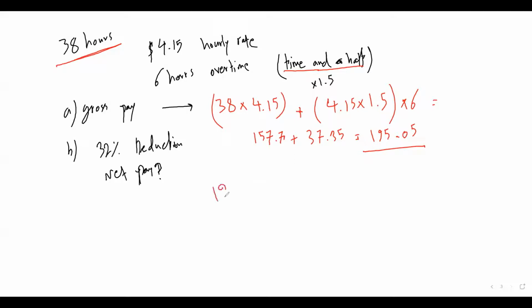You write the old amount on the left hand side, and in the bracket you put 100 minus 32, and on the right hand side it gives you the new amount, which is the net pay. If I do that, the answer would be 132.63. That would be in dollars, of course.